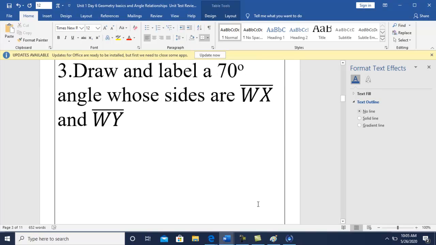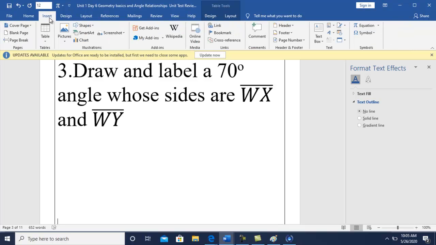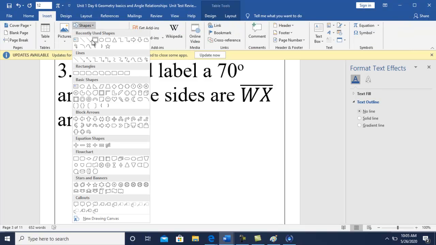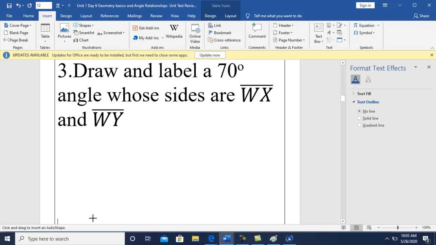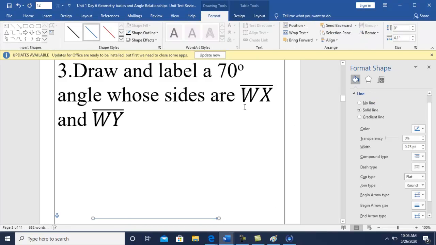Now we're going to draw and label a 70-degree angle whose sides are WX and WY. We're going to need a side for an angle. We're going to use a ray for our first one. Make that solid, make sure we can see it.